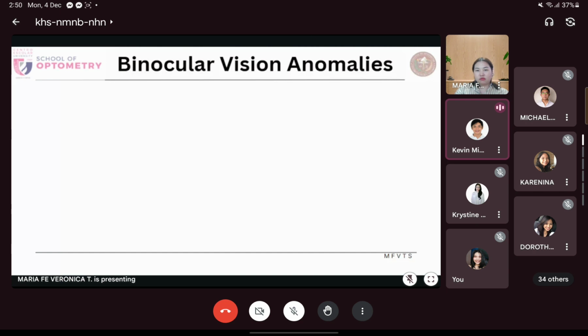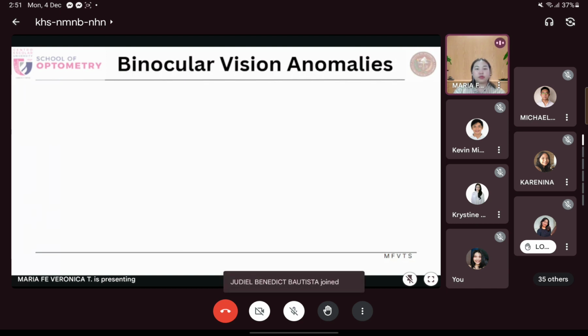Bali po kapag sa akin po is kapag yung anomalies po is strabismus po yung una pong pumapasok po kaagad, sa akin. Okay. How about the others? Meron pa ba? Okay. Doc, Laureline, for me po, yung mga diplopia po, yung diplopia, failure to fuse images po.